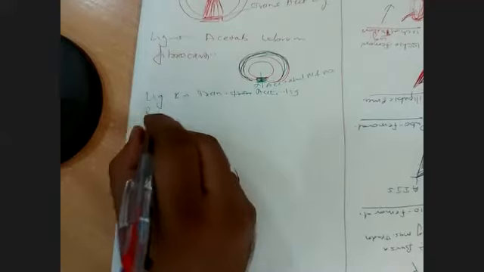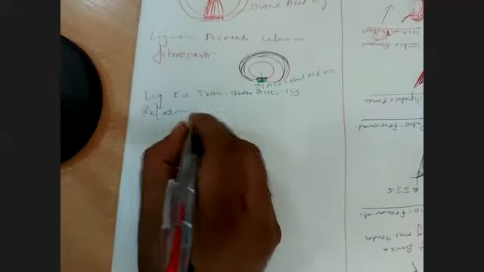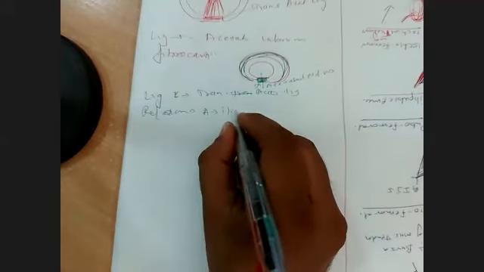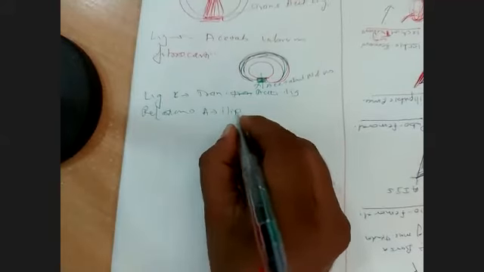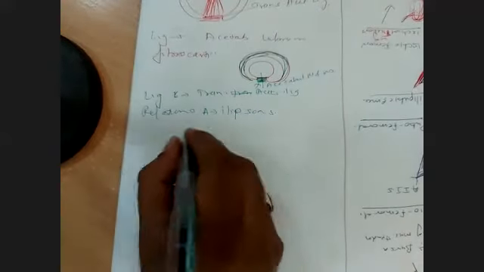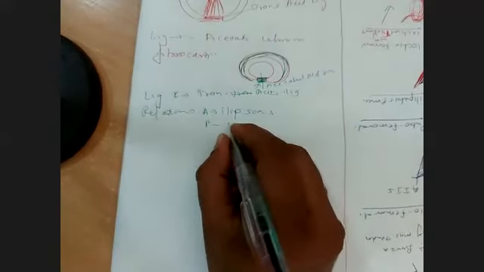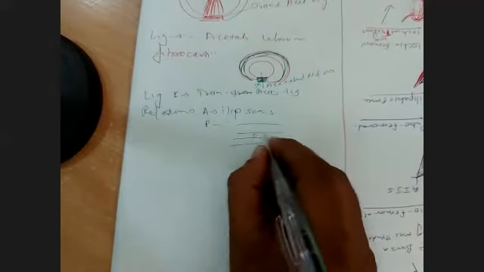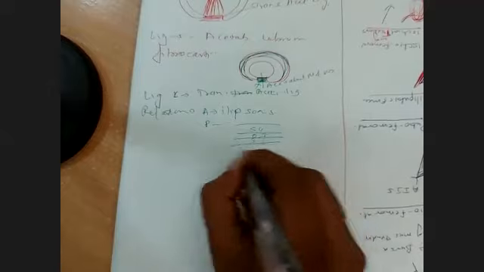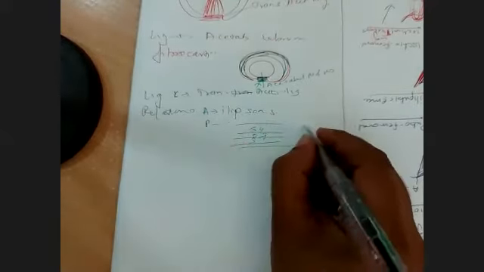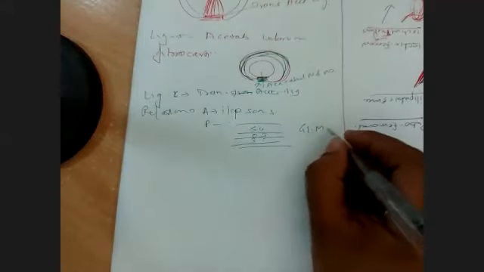When we talk about the relations of this joint, anteriorly is the iliopsoas muscle. Posteriorly are the tendon of piriformis, tendon of obturator internus, superior gemellus, inferior gemellus, and quadratus femoris, and all this will be covered by the main posterior relation, the gluteus maximus muscle.